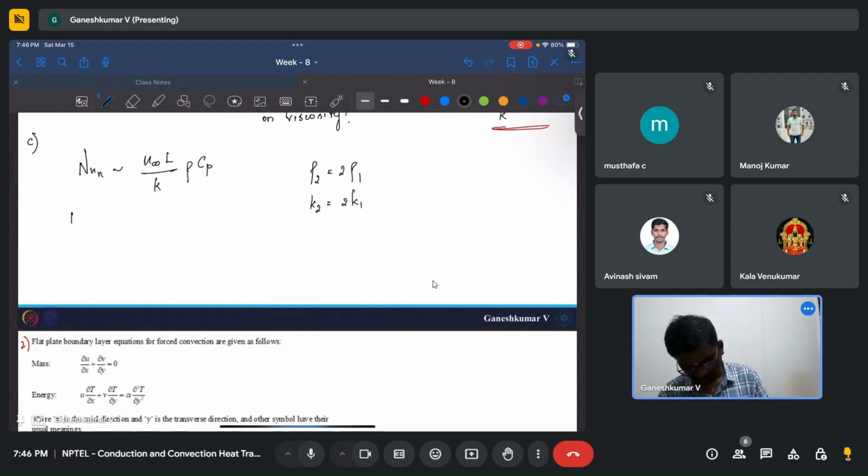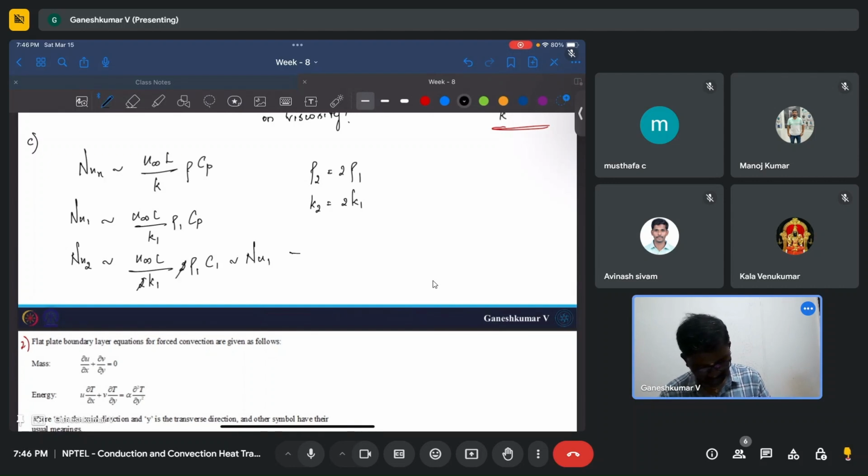Okay. So you can write Nu1 is U infinity L by K1, rho 1 Cp, and Nu2 is U infinity L by 2K1, 2 rho 1 by Cp. So this actually gives Nu1. So this also again says that it remains the same. The Nusselt number does not change.